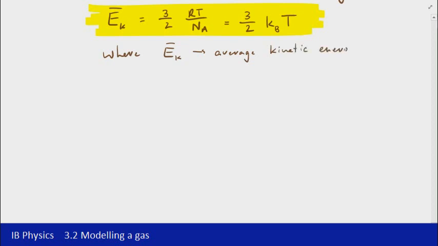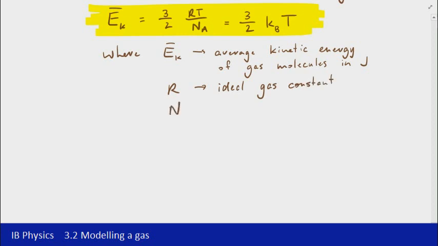And so if we know something about how fast they're moving, what the amount of internal energy of the gas is, we can then relate that to the temperature. That would be measured in joules. The value of R is the ideal gas constant. It is a constant, so you can look up what the value is in the data booklet. Na is Avogadro's number.